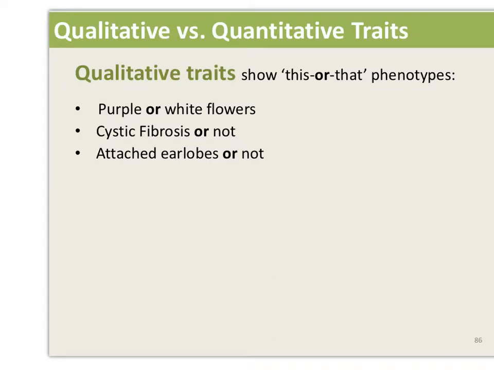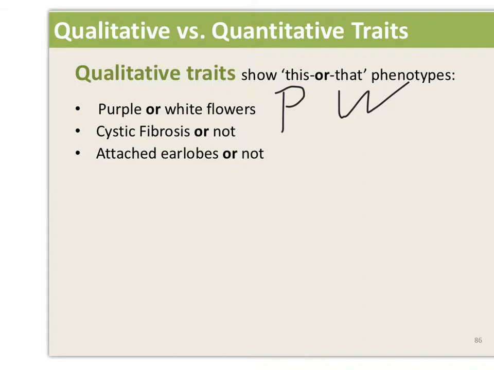Okay, qualitative versus quantitative traits. So, a qualitative trait usually involves 2 alleles for 1 locus. So, for example, if we had purple or white flowers, 1 allele we'll call P, and the other we'll call W. Okay?